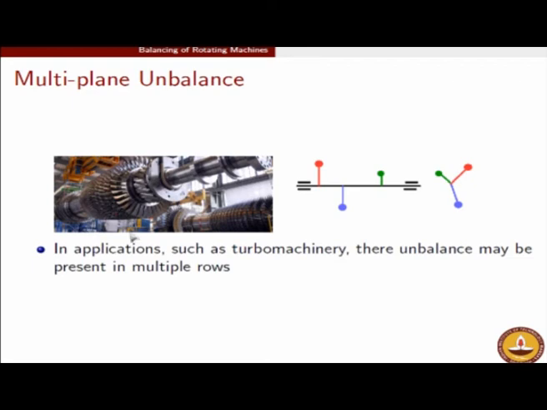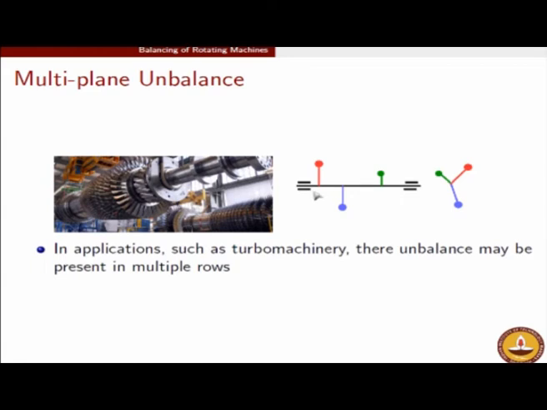So as I said, we are going to talk with the specific application in mind, that of turbo machinery. In such applications, the unbalance may be present in multiple rows, because multiple rows contain multiple blades, and therefore we should take each one by one, and that's what is shown here.